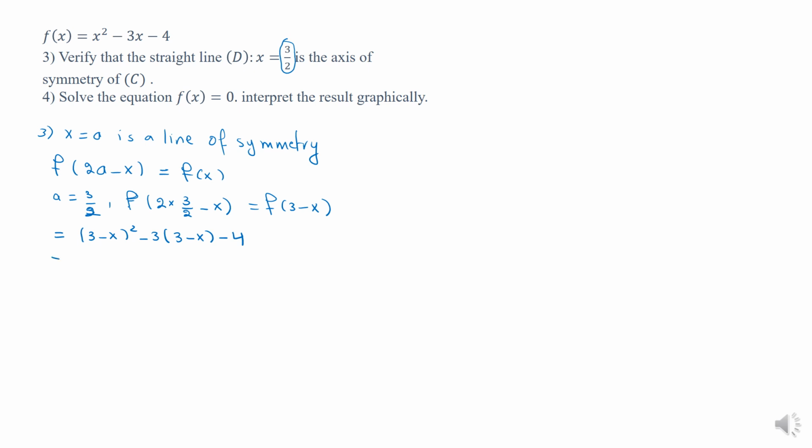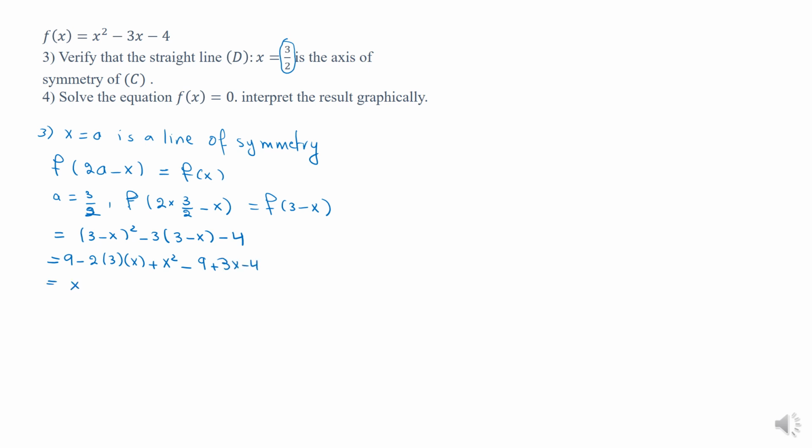Now let's calculate it. This is a perfect square. 3 minus x squared, it's a minus b squared, so 9 minus 2 times 3 times x, which is minus 6x, plus x squared, minus 3 times 3, which is minus 9, plus 3x, minus 4.